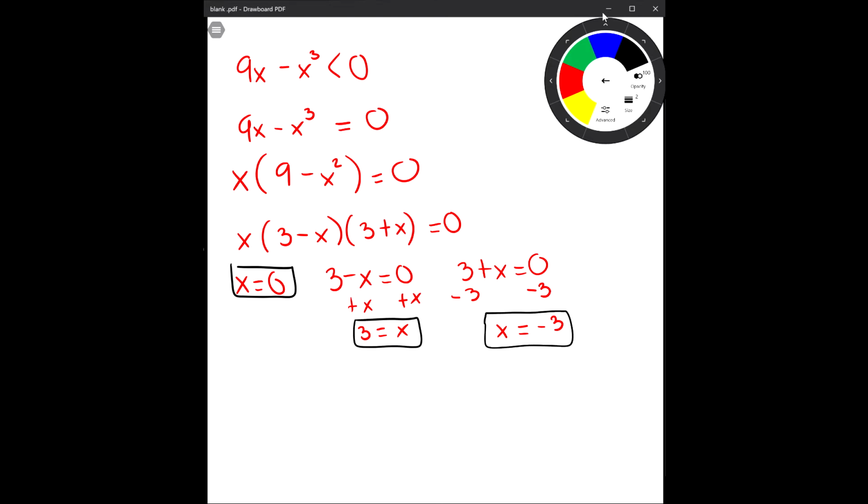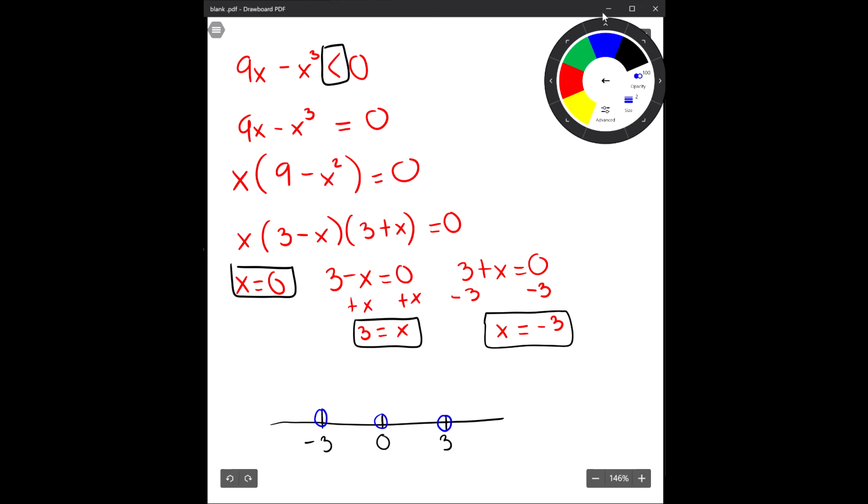Now I put them on the number line. I have 0 here, -3 here, and 3 here. Going back to the sign, it is strictly less than. Therefore, I have to use open dots at these boundary points.